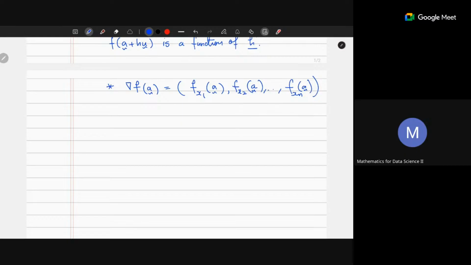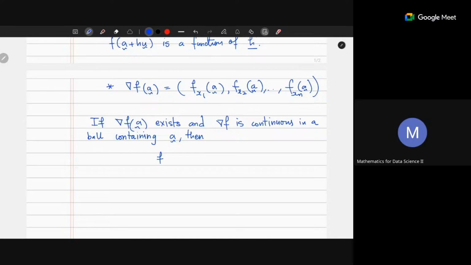And we have also seen that if this exists and this gradient is continuous in a ball containing a tilde, then the directional derivative can be expressed in terms of the gradient.